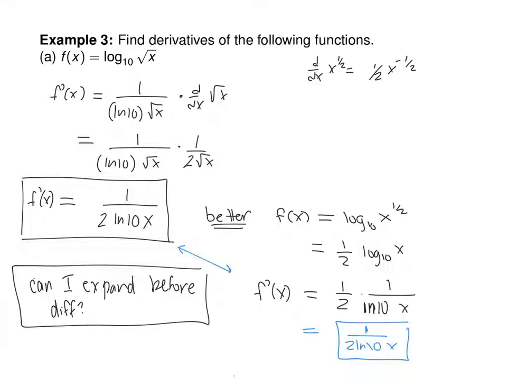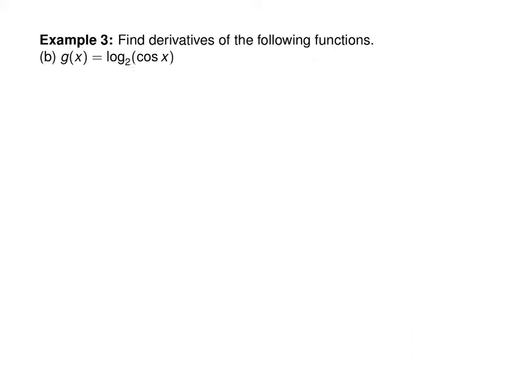Could we have expanded part A of this example? I think I remember what part A was. How about this one? Log base 2 of cosine x. So g prime will equal 1 over ln of 2 times cosine x times negative sine x.